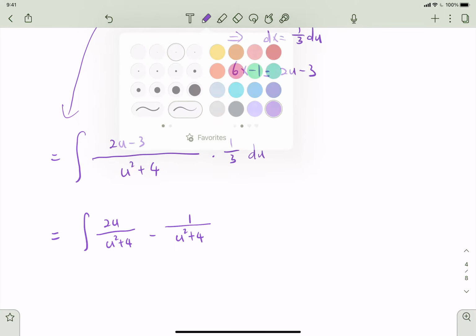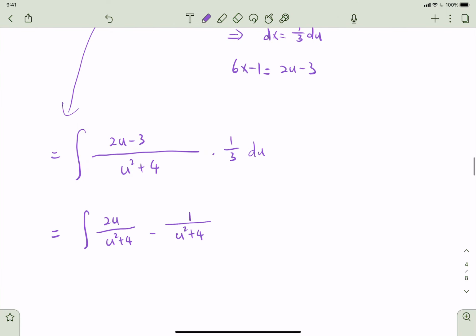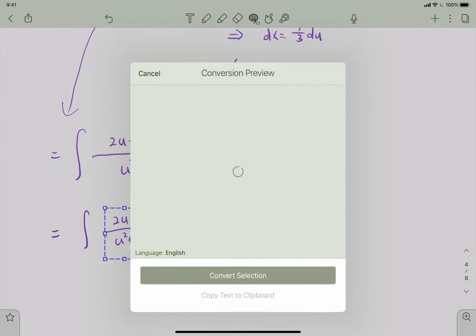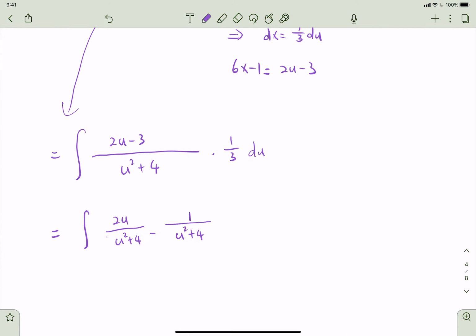And another 1 over 3 comes here, so here becomes the 3 over 2. So let me change this term here. Three over 2, like that. This thing, du.